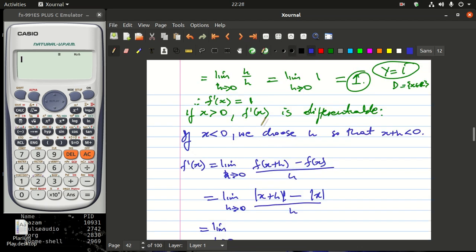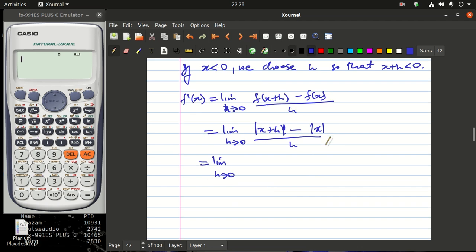because x plus h is less than 0. So the absolute value of a thing that is less than 0, you are always going to multiply it by a negative: negative x plus h. Why? Because if this is less than 0, I want the absolute value to be positive, so I need to multiply by a negative here, and then minus.